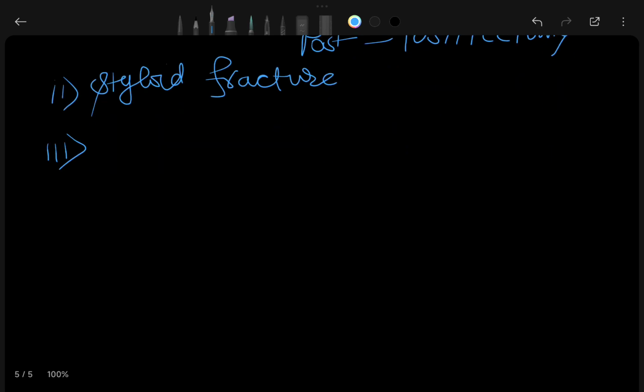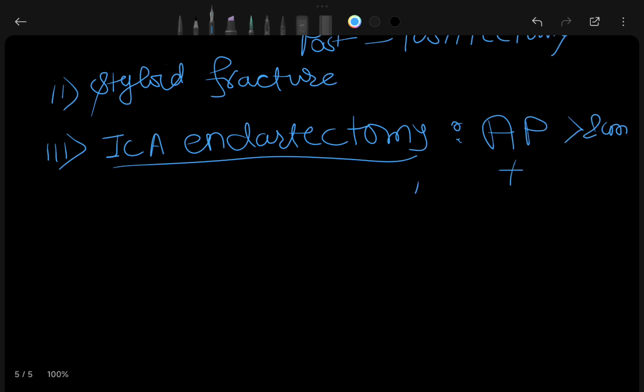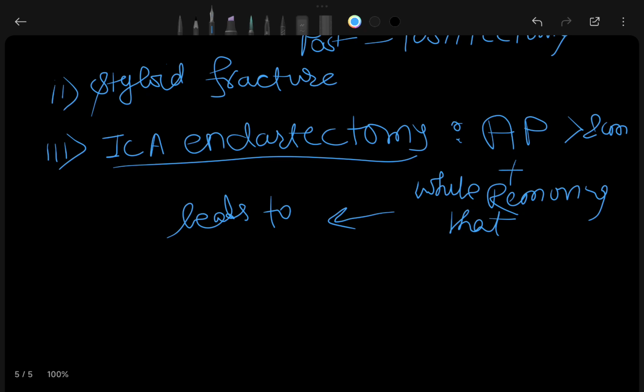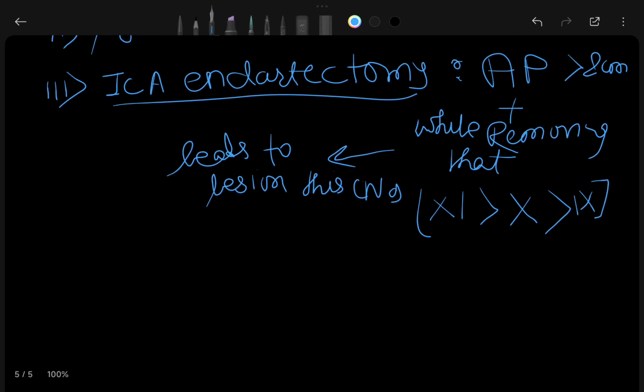Another condition is internal carotid artery endarterectomy. When the atherosclerotic plaque is more than 2 centimeters, its removal during this procedure can lead to a lesion of this nerve, although much more common is the 11th, then the 10th, and then the 9th. Another is glossopharyngeal neuralgia.